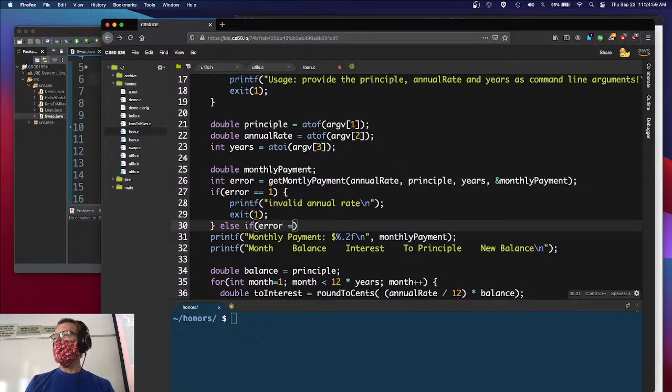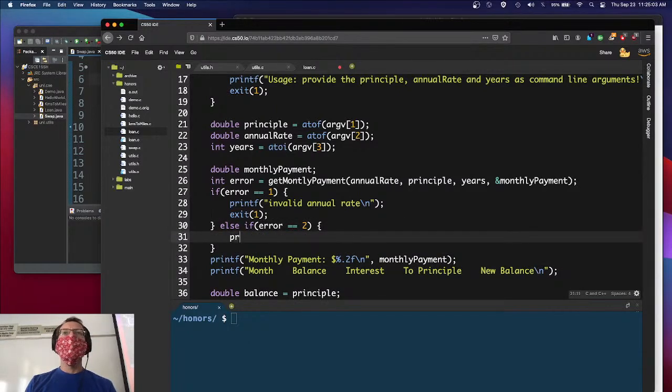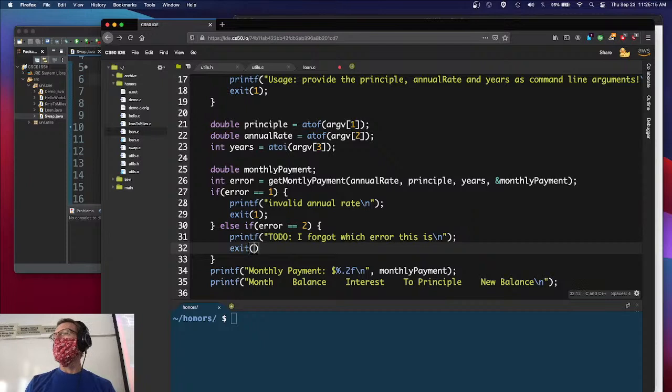Else if error is equal to 2, printf to do. I forgot which error this is. Right? There we go. And then we'll exit with an error code of 2. Right? Else if it was a different error code, error is equal to 3.